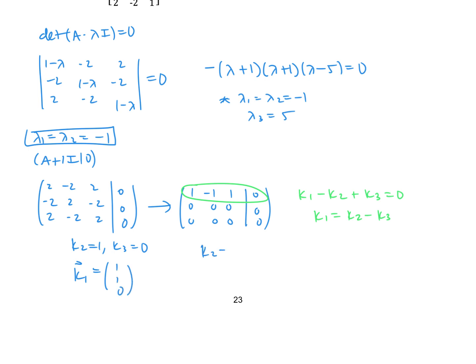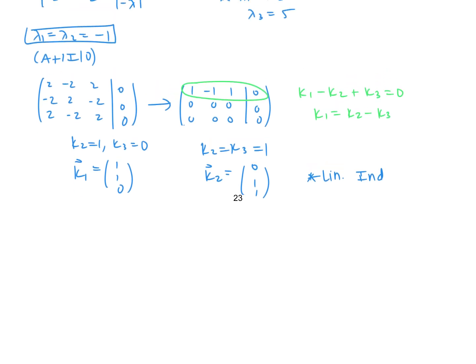Then separately, maybe I choose k2 and k3 to both be 1, which gives me an eigenvector then of 0, 1, 1. So we'll see then that this eigenvalue that had multiplicity 2 gave us two different eigenvectors. And these, you should see, are linearly independent.